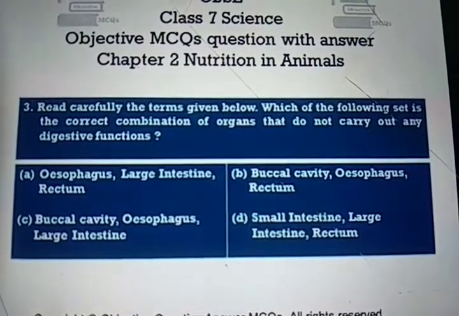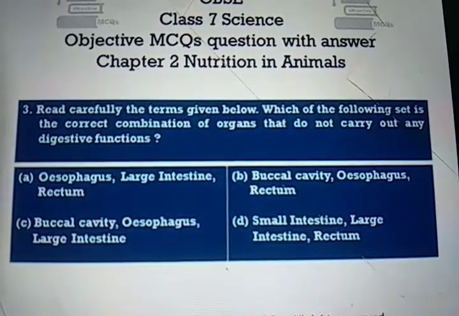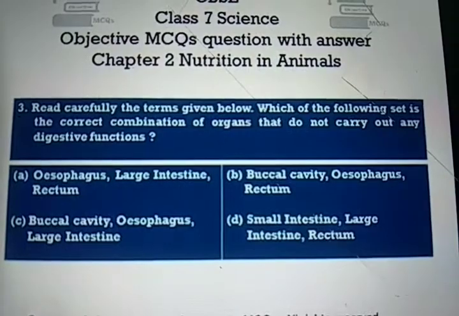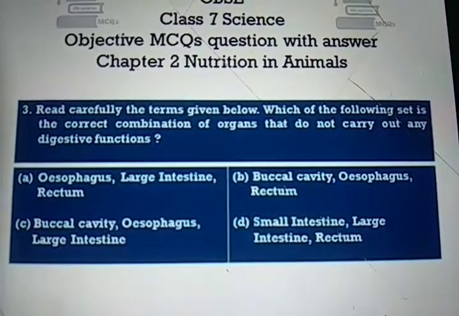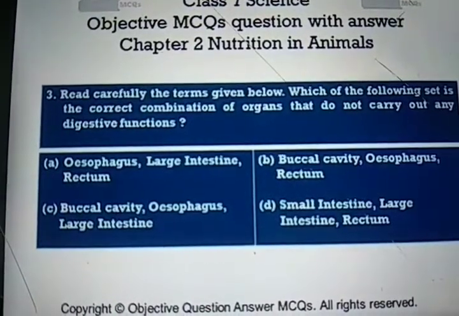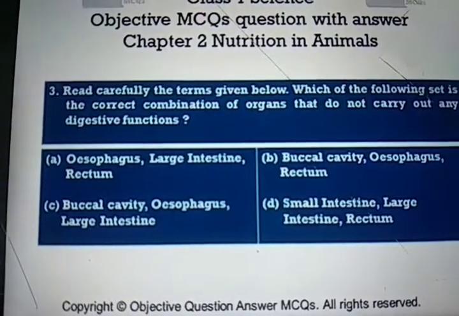Question number 3. Read carefully the terms given below. Which of the following sets is the correct combination of organs that do not carry out any digestive functions? Your options are option A, esophagus, large intestine, rectum. Option B, buccal cavity, esophagus, rectum.